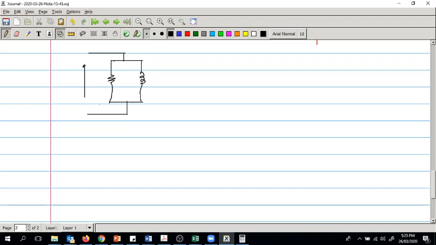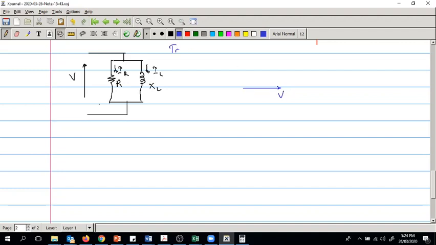So V is actually here. Then you have IR, IL. So voltage is common in here, so you have R and XL, right? So here you can see that the voltage is common, so therefore we will have to take the voltage phasor as the reference, taking V as reference, right?